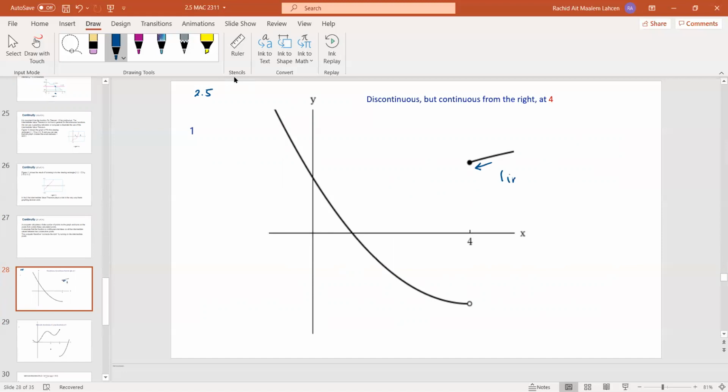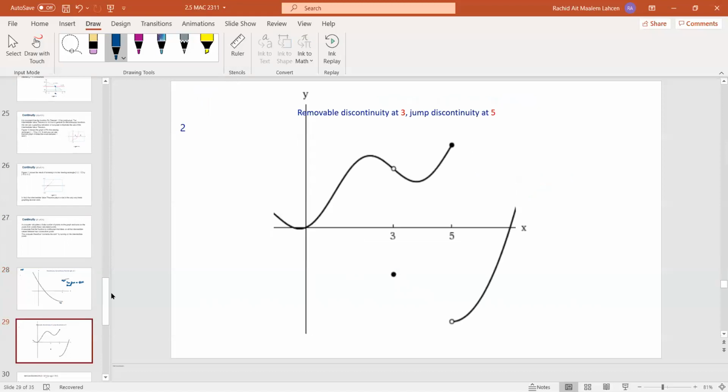When we say the limit of f of x as x approaches 4 from the right-hand side, it has to be defined. It's f of 4. That's why this one here is solid. So when you get this type of question, the correct graph has to do with this. Continuous from the right at 4 means it is defined from the right at 4. Here it's not defined from the left.